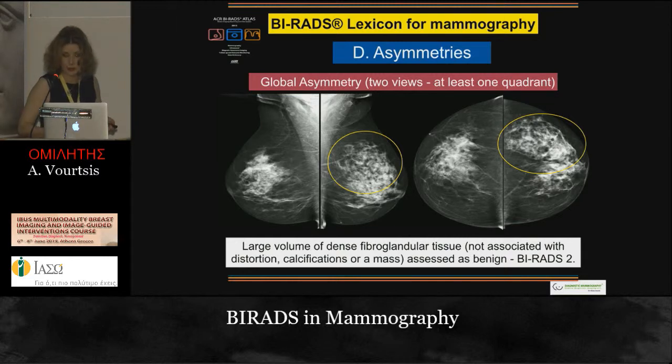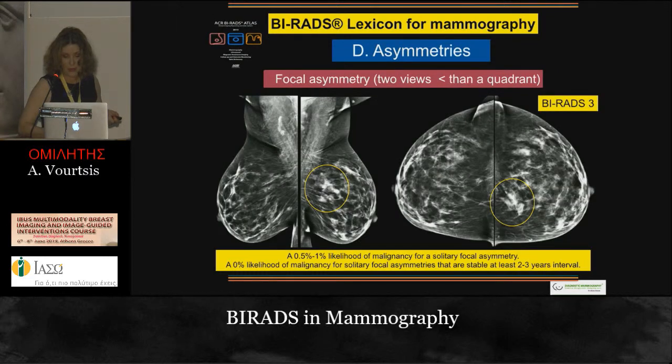Global asymmetry, as you can see here, is a density that occupies at least one quadrant. And focal asymmetry is seen in two views, but it occupies an area of the breast that is less than a quadrant.